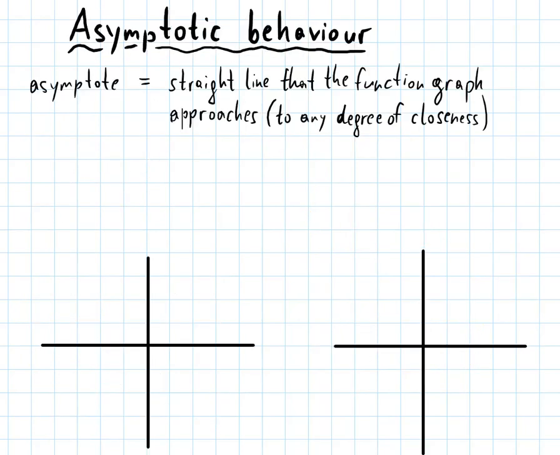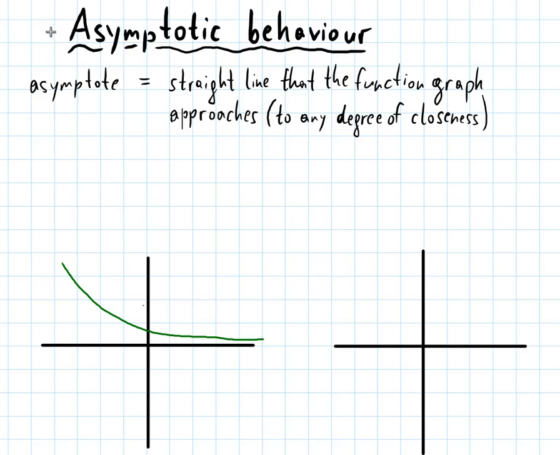Let's talk about asymptotic behavior. An asymptote is a straight line that the function graph approaches. Usually it never reaches an asymptote, but it approaches it to any given degree of closeness. So for instance, if we have an exponential function, a falling exponential function, a decreasing exponential function, this could look like this, and the function graph is approaching the x-axis, but it will never reach the x-axis.